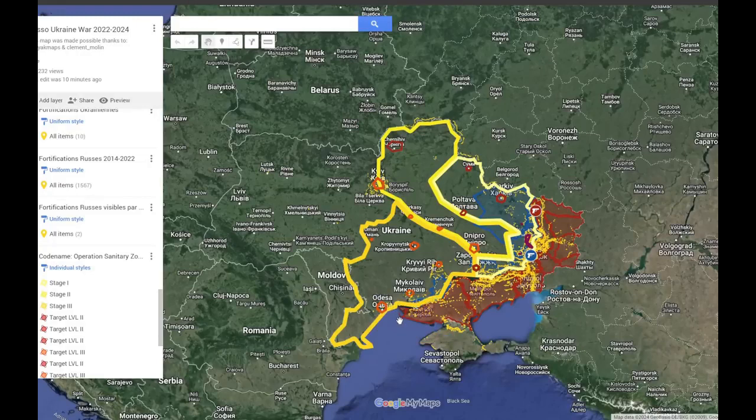Now, why I mention how these missiles are launched is because the ones with 400-kilometer range, the Storm Shadow missiles, are launched from jets. They're launched from planes. And this can be dealt with by the Russians by using their own Russian Air Force and also air defense systems.